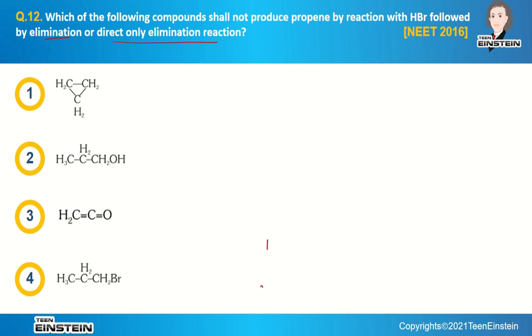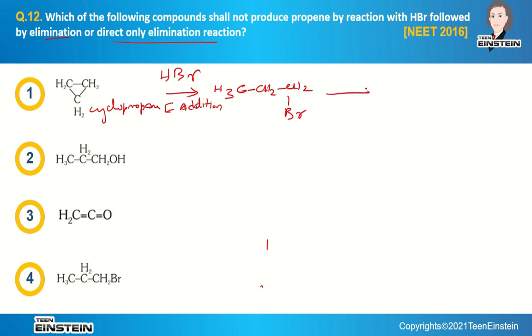Here first we take cyclopropane, which undergoes reaction with hydrogen bromide, an electrophilic addition reaction, which gives CH3CH2CH2 bromide. It further undergoes elimination of HBr.